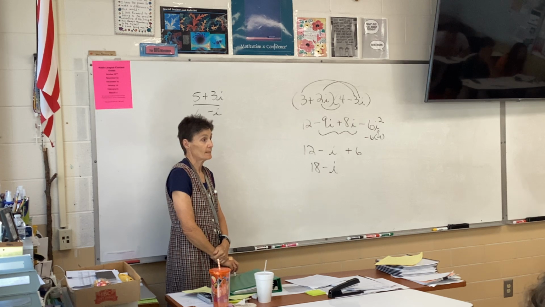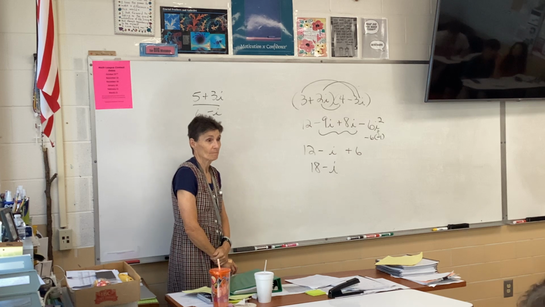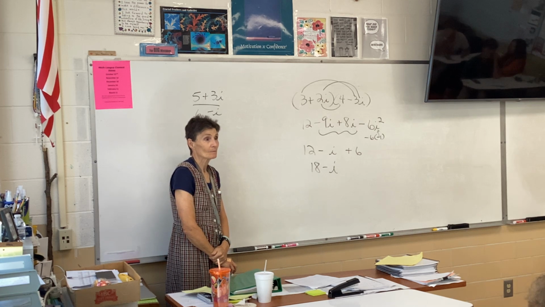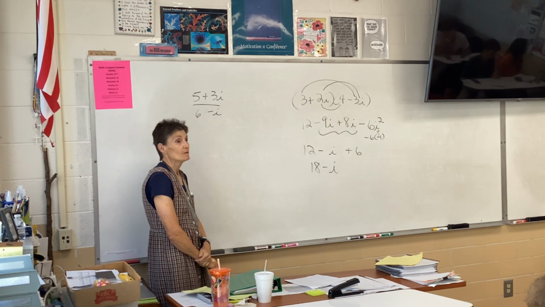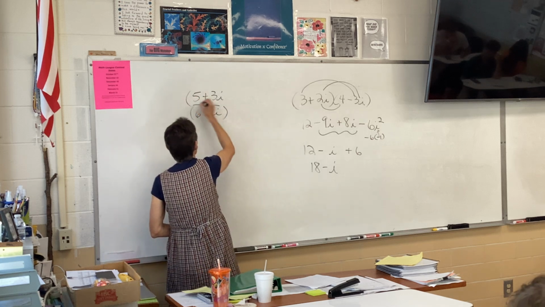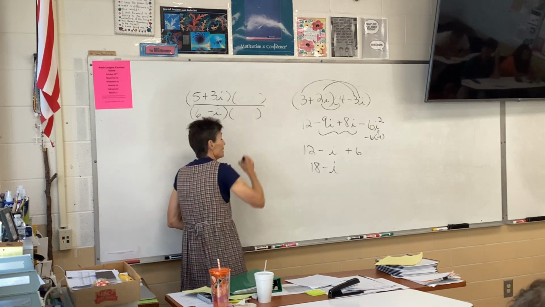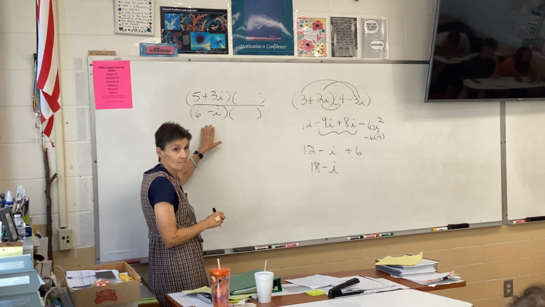Who's good for an idea? Oh, look back there, back row, Leilani. Why don't you put the parentheses and then put the top one and multiply it by both sides of the bottom one? Top and bottom. You are right there. We are gonna multiply the top and the bottom by the conjugate of the bottom.